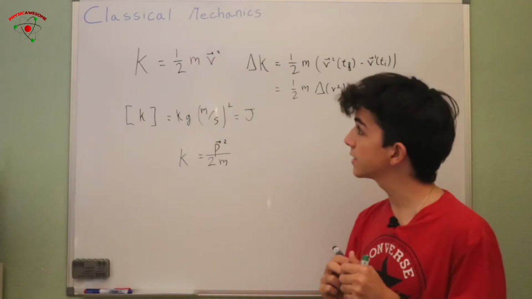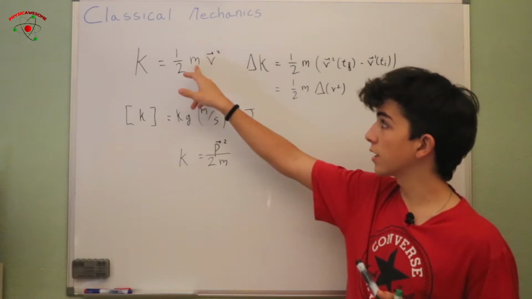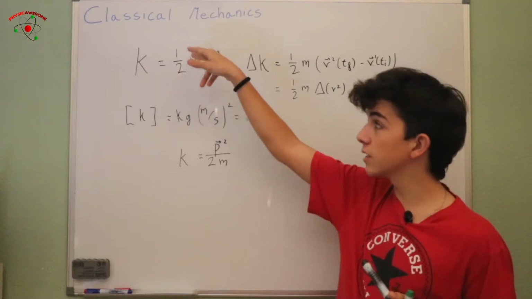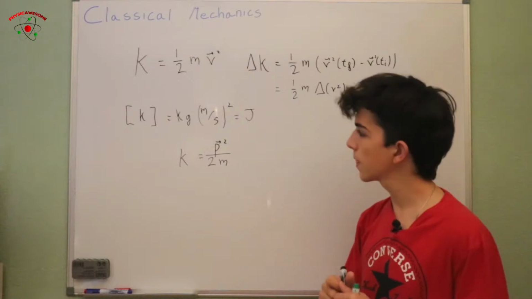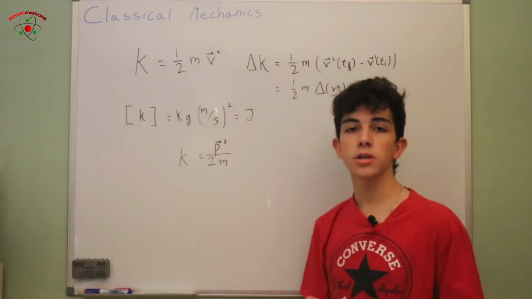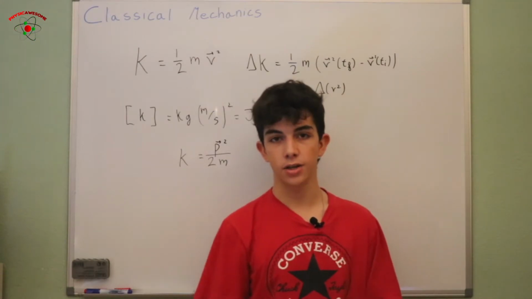Which you can see is really the exact same thing, because we are just taking another m and we need to have one in the denominator for it to work out. And these are the most important facts you need to know up to now about kinetic energy.